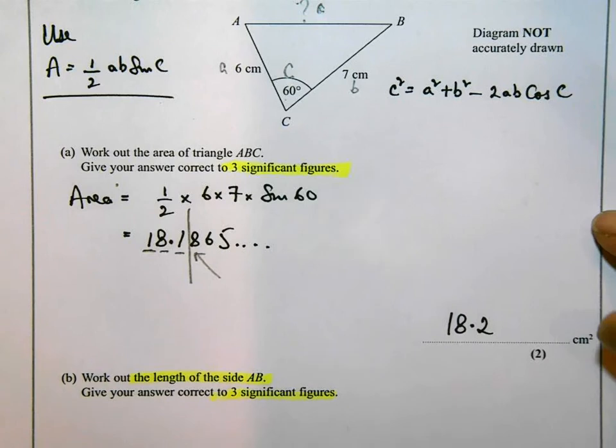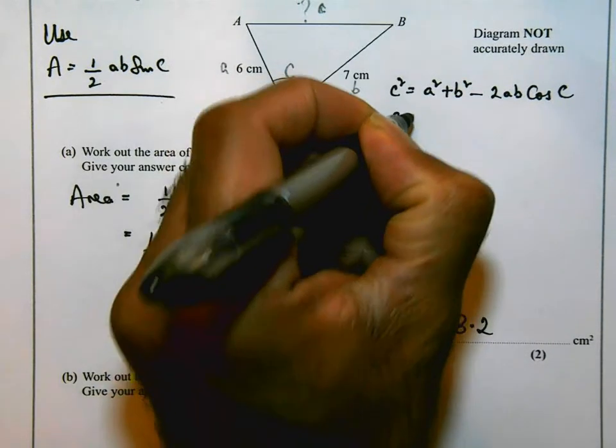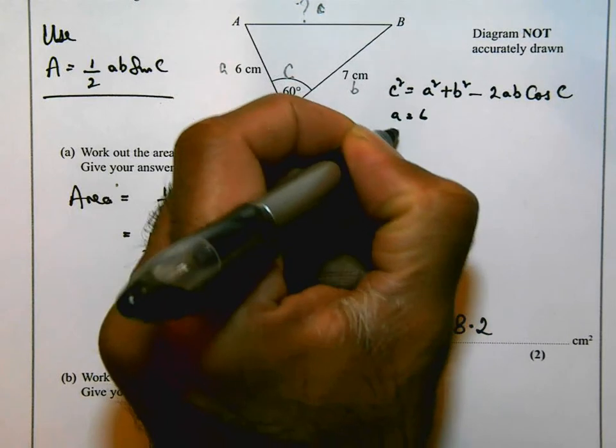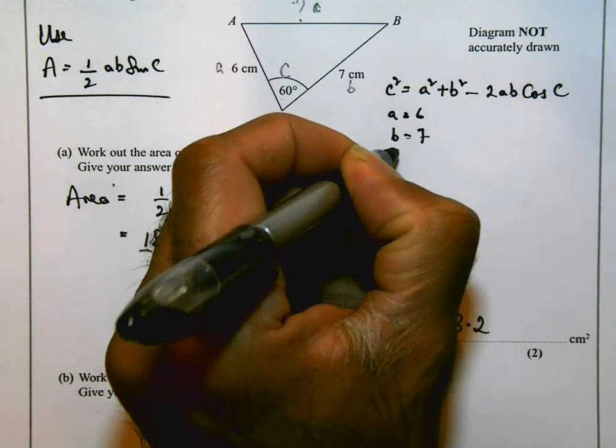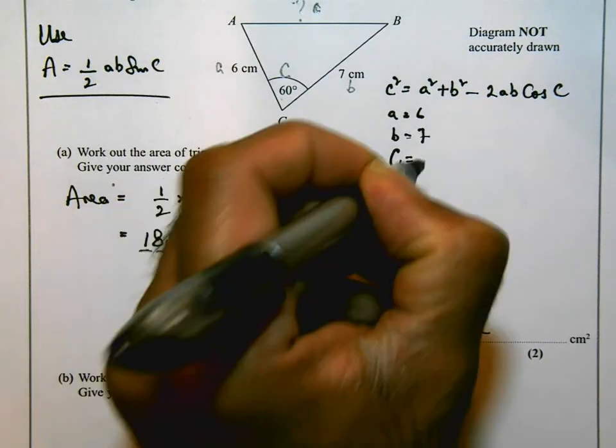I'm just going to carry out a substitution for all of those values. a is equal to 6, b is equal to 7, and the angle C is equal to 60 degrees.